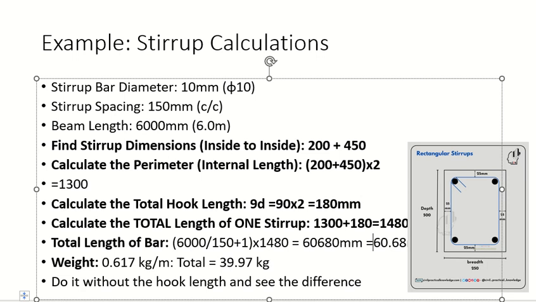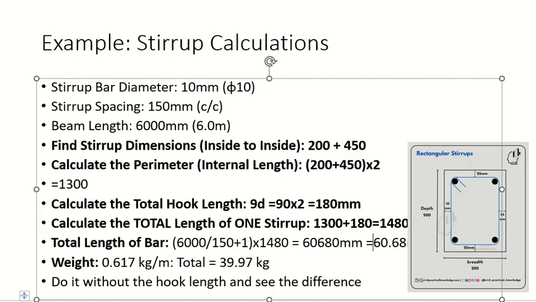Ten to the power minus 5. So this is now in meter square. Then you multiply with the density, and because this is area, not volume.